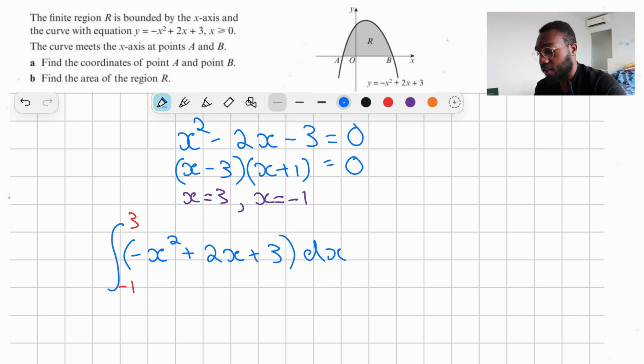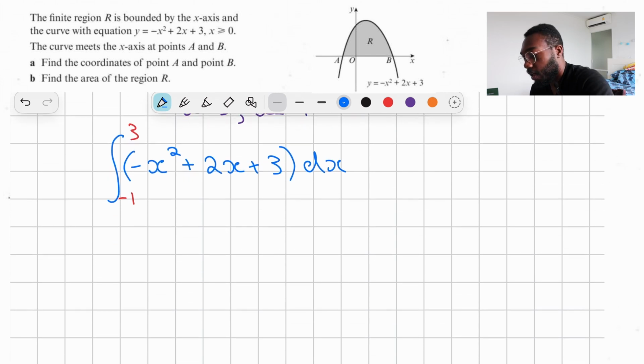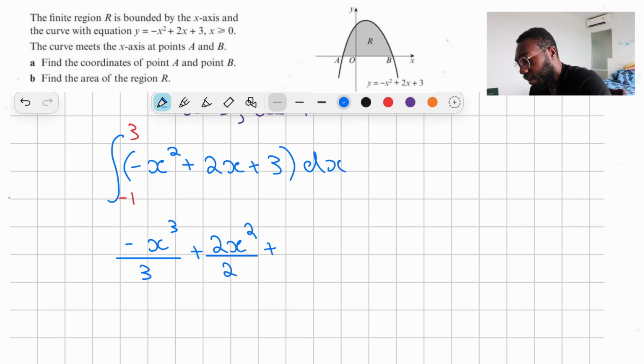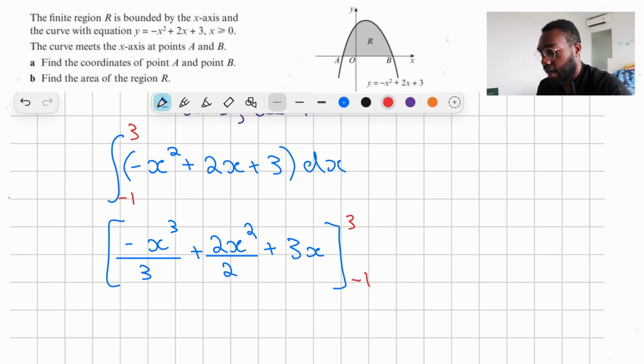So let's integrate this. What do we get? Well, we'd get minus x to the power 3 over 3 plus 2x squared over 2 plus 3x, and then our limits of 3 and minus 1.